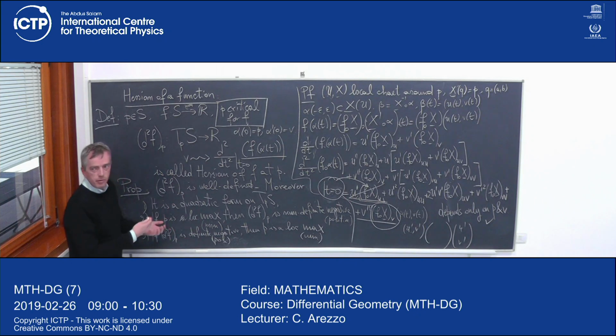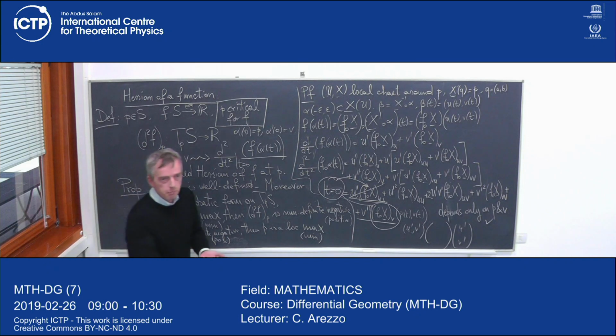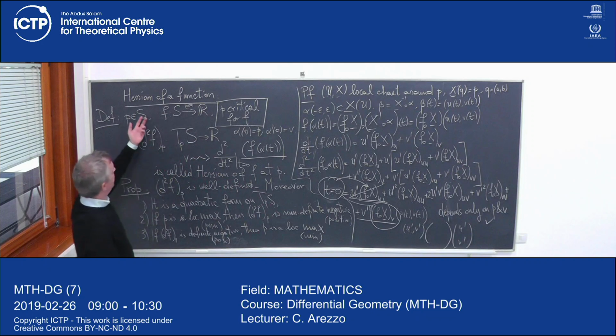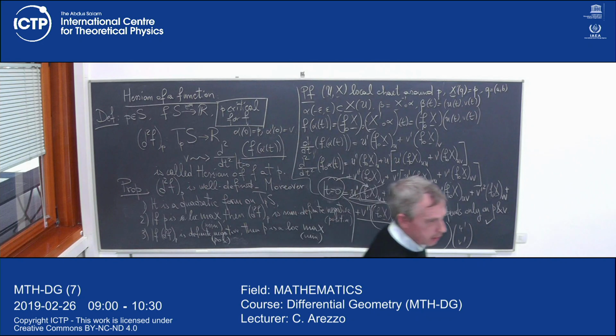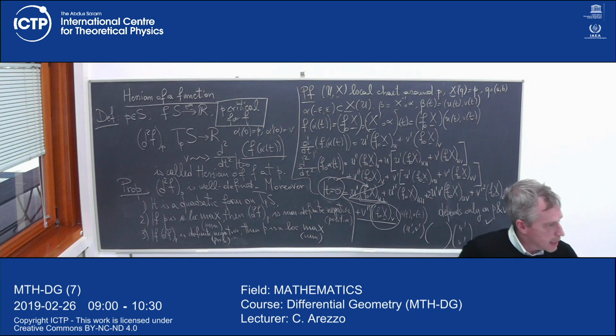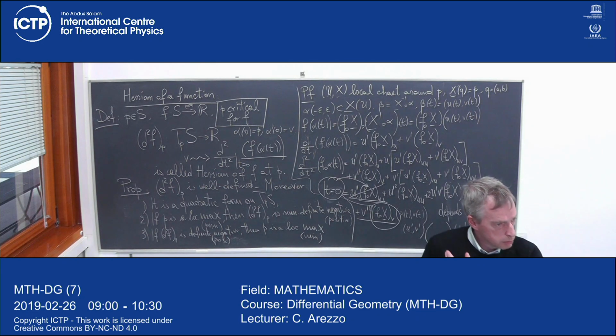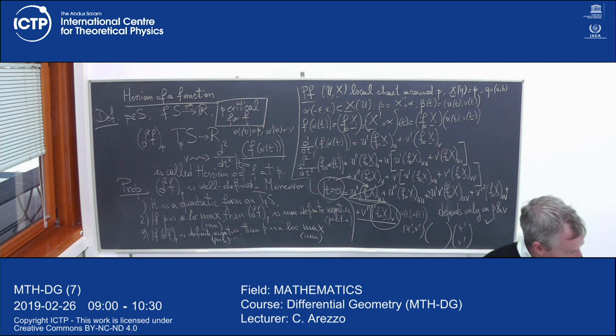But being a maximum or minimum, of course, does not depend on whether you compose with x or not. So P is a maximum for f if and only if it's a maximum for f composed with x. You're just changing parameters, but the map is the same. So all the theorems in calculus automatically pass to this. I really don't have to prove it. Very good.